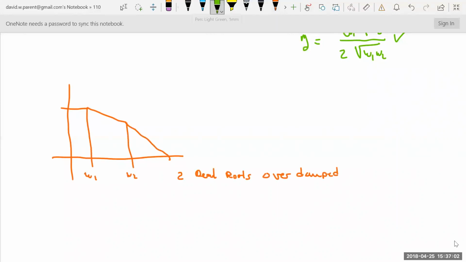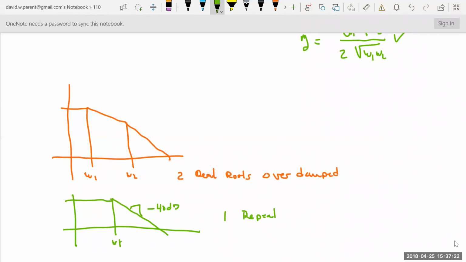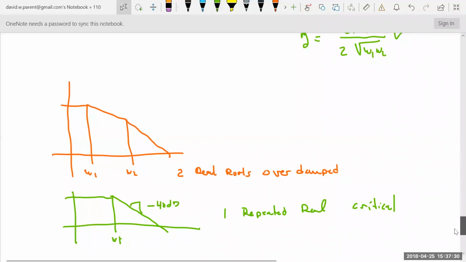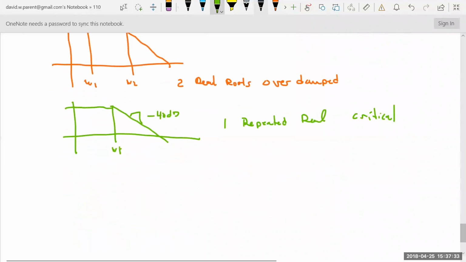If you see this, where the slope is minus 40 dB at some omega, I'm going to call it, right, 1 repeated real root, right, critical. And this is the critical part, or the new part.